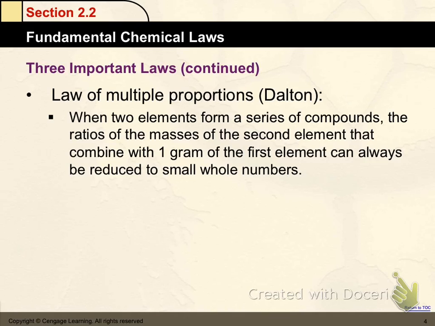So again, it just says that when you are combining compounds, those compounds essentially combine with one another in equal ratios. The big ones that we focus on throughout the series of chemistry are the law of conservation of mass from Lavoisier and the law of multiple proportions from Dalton.